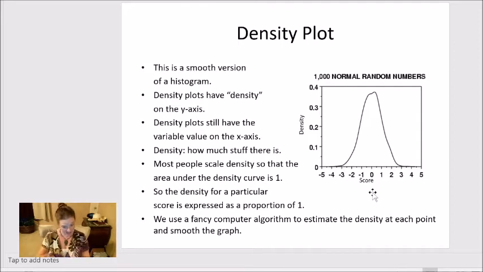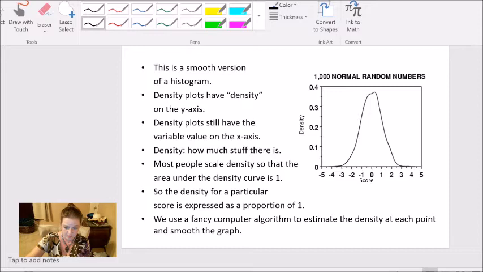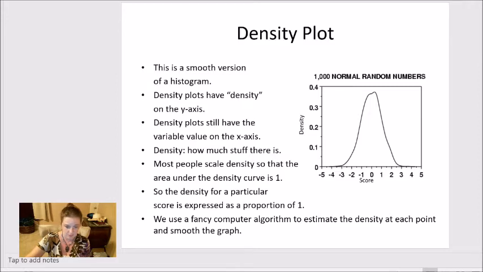And so along the x-axis, you still have the actual possible scores. But instead of grouping people in bins and then putting the actual frequency that each score occurred along the y-axis, instead you put how probable the various scores are.